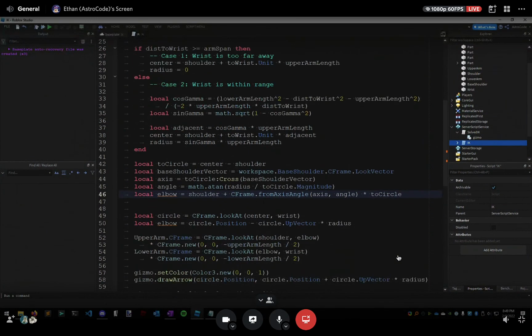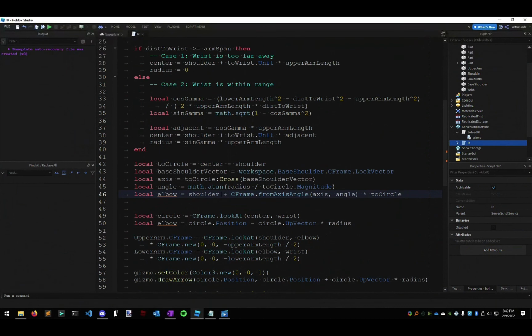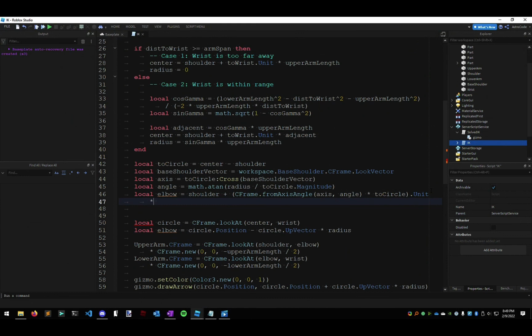What funny kind of thing is this dot from axis angle? It's not a property, it's a function. But why is it? Yeah, it's a constructor. Oh, okay. So we've rotated it, and then to get back onto the circle, we multiply that by the length of the upper arm.